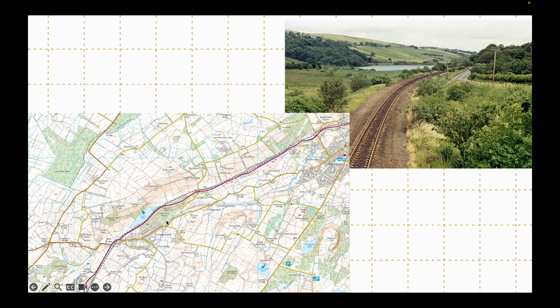This is Loch Lebo, and you can clearly see the vegetation, and where the gradient is particularly steep you can see this here, this escarpment. So an escarpment is essentially a long steep slope. Okay, and you can clearly see that in both the OS map as well as the picture. Just to give you some reference.